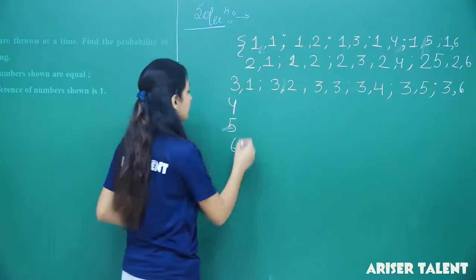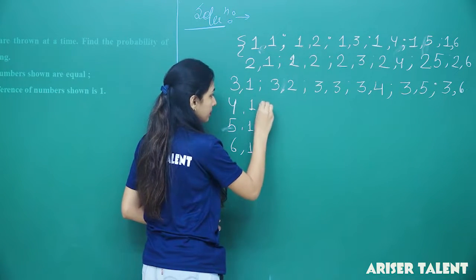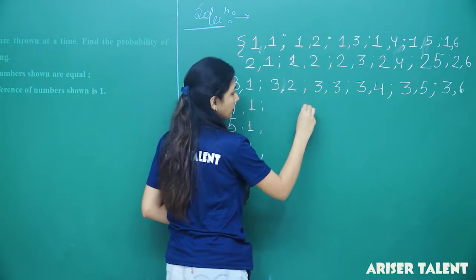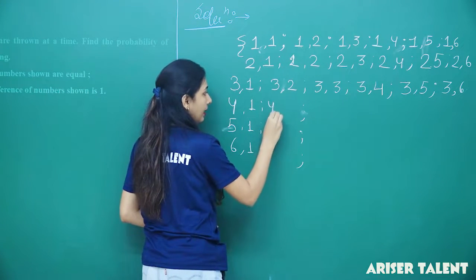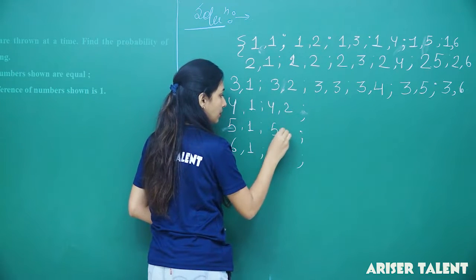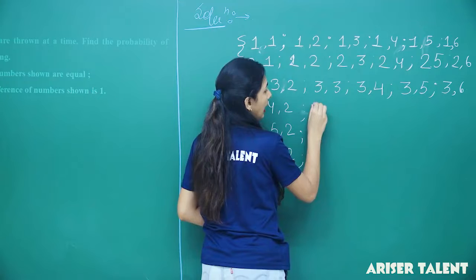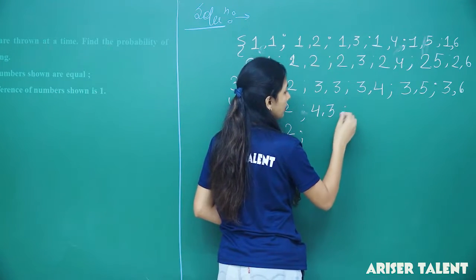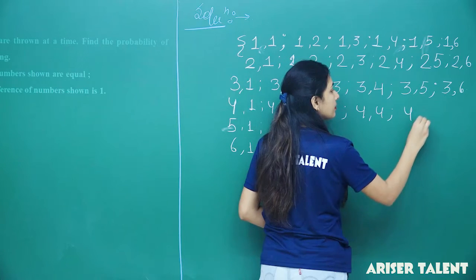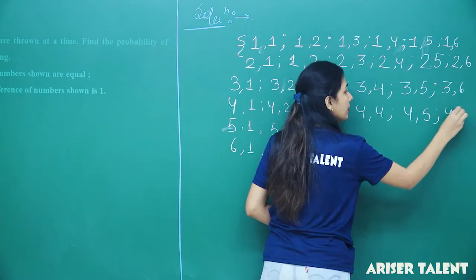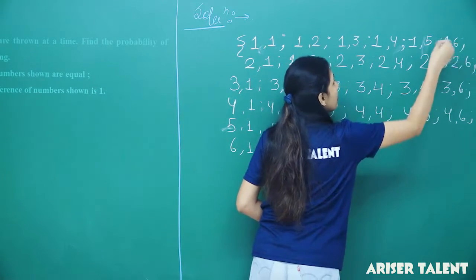Similarly, I'll be having 1s here, 2 here, then 3 here, 4 here, 5 here and 6 here.